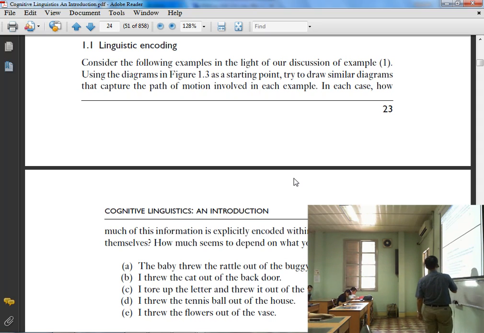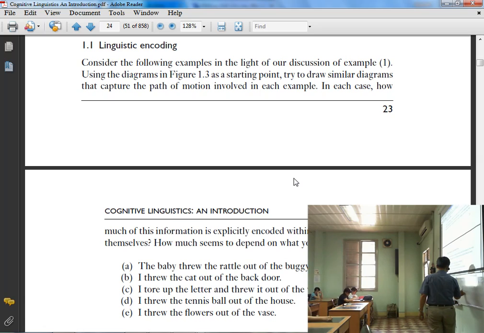Right. Now, first, okay, you have the object. Let's say this is the buggy, the baby pram. So you see the baby is inside. Sorry, my drawing is not very good. But let's say, okay, the baby dropped the rattle out.